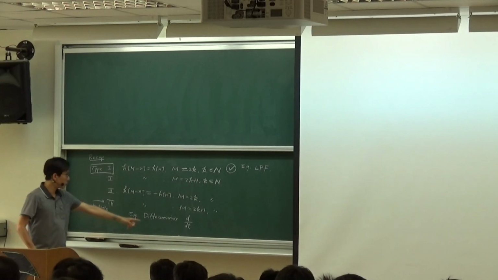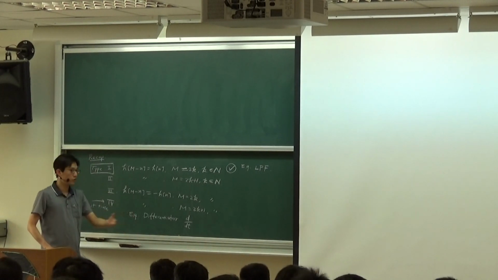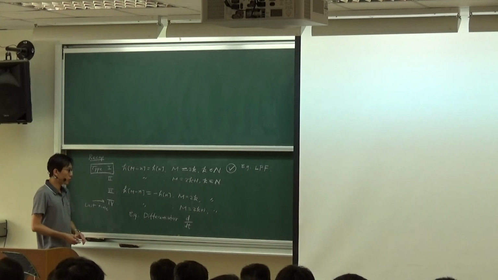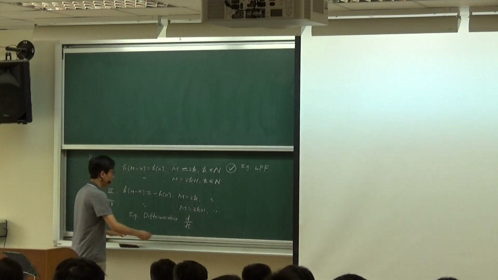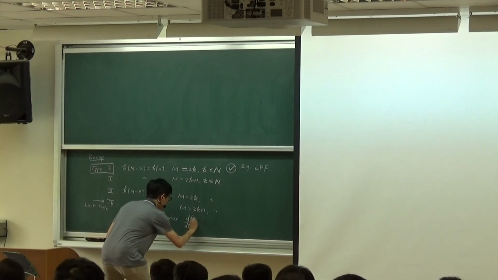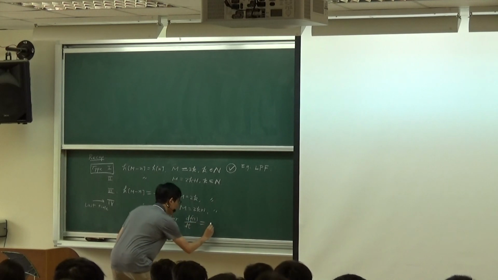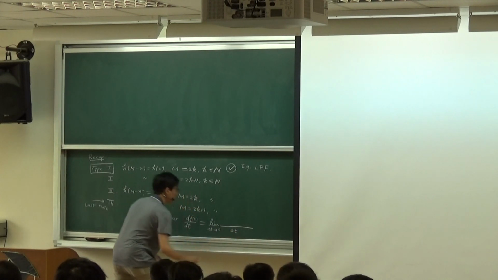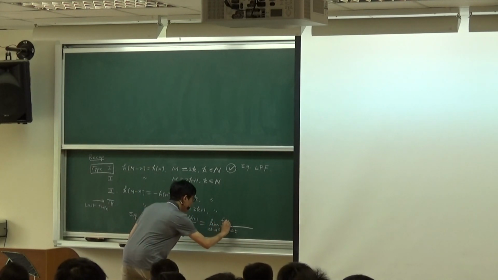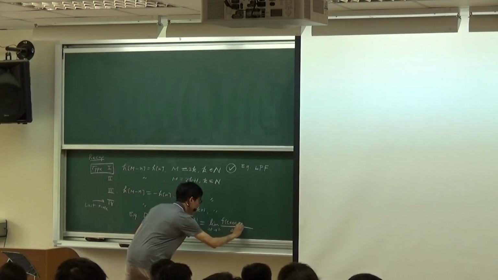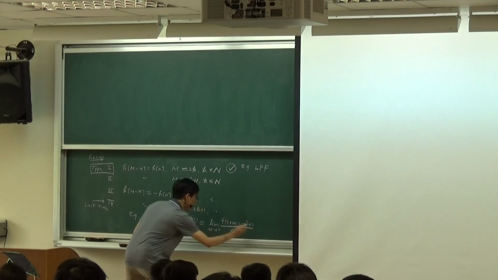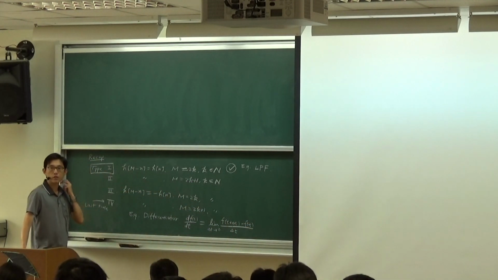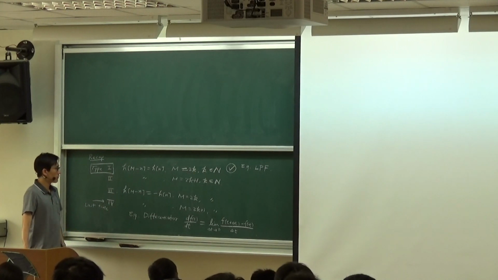Subtraction, because d/dt, as the definition of calculating the first derivative, is the limit of f of t plus delta t minus f of t. That's the first order differentiation, the first derivative.